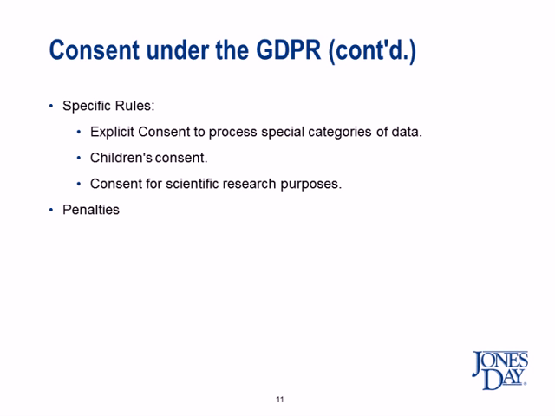This age can be reduced by the local legislation, but no lower than 13 years. To comply with this requirement, from the practical point of view, the controller must implement an age verification measure.